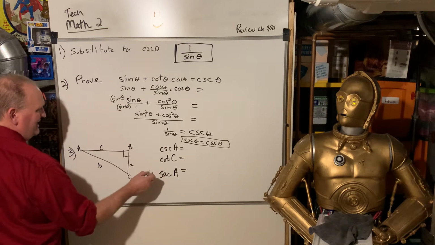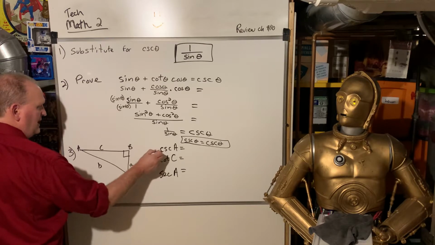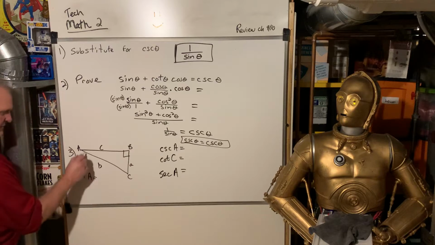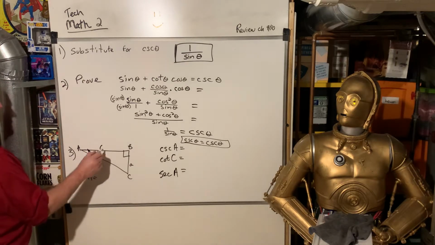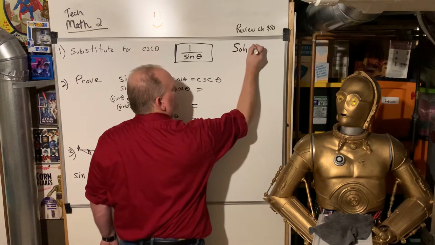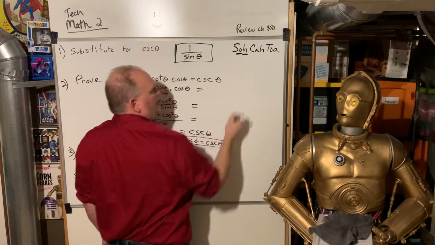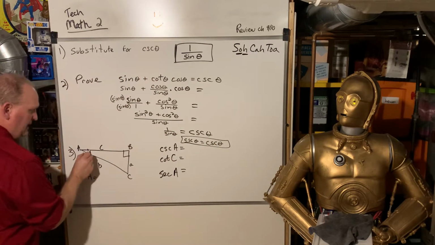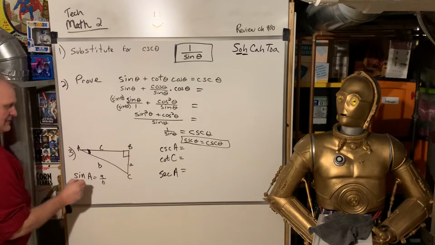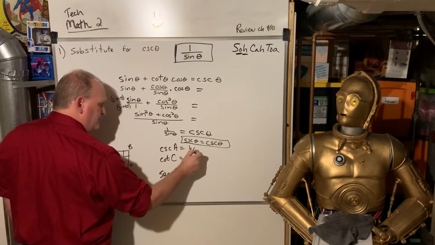So let's find the sine of A. Here's angle A. Remember how sine works. SOHCAHTOA is a mnemonic to remember sine is opposite over hypotenuse. So here's my angle, opposite over hypotenuse, A over B. That means that cosecant is the inverse of that, so that's B over A.